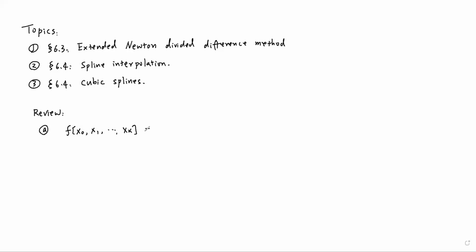The formula is this: divided difference at x1, x2 to xk, minus divided difference at x0, x1 to xk minus 1, and then divided by xk minus x0. Yeah, we will use this formula.